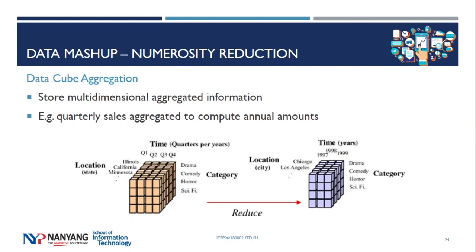So what we see here is that within a cube, we know the time, the quarter of the year. We know the location, which is the state, and we also know the different categories. So these three pieces of information are stored within every cube.